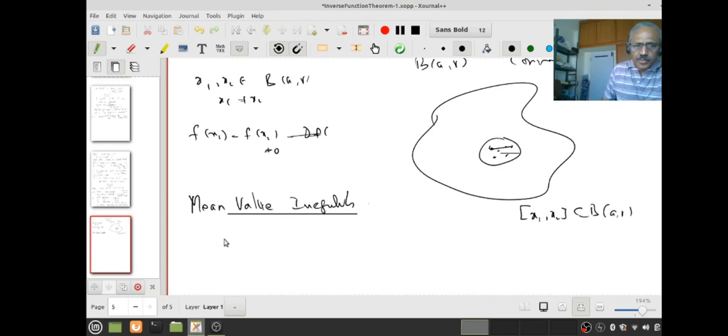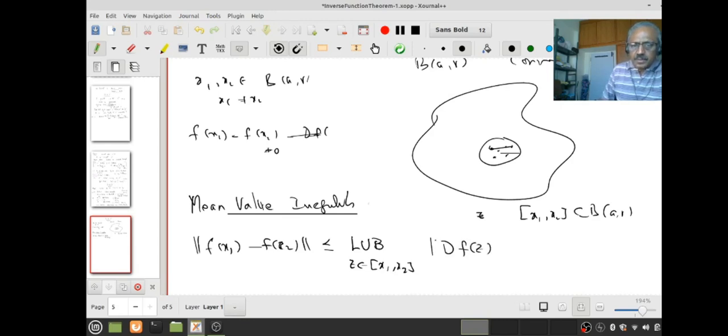Therefore what we found out was that the norm of f(x1) minus f(x2) will be less than or equal to the LUB, that is the supremum, for z in the line segment x1 x2 of the norm of the derivative of f at z, times the norm of x1 minus x2.